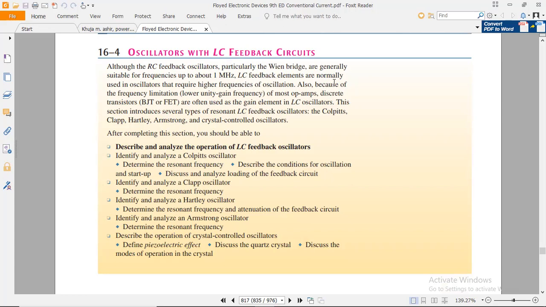LC feedback elements are normally used in oscillators that require higher frequencies of oscillation. Because of the inductor and capacitor, they can cover high frequency oscillations and support a much higher content of frequency.